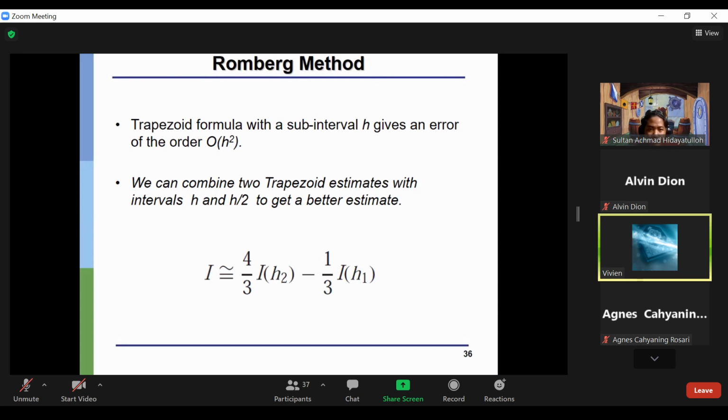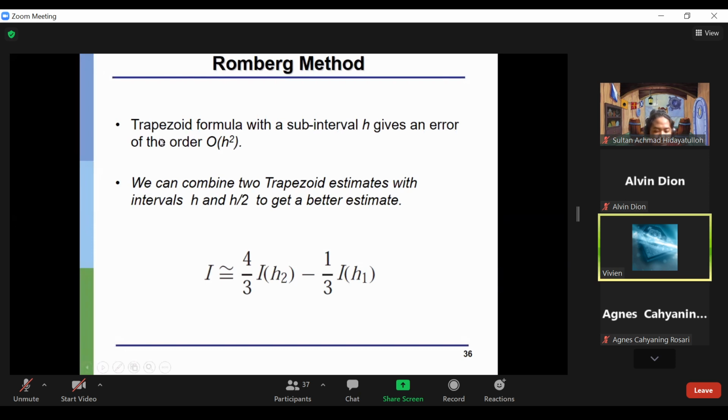So we have seen before that the trapezoidal rule is very simple, but the level of accuracy is quite low because it's only using a linear line or a trapezium shape. So we want to increase the accuracy of the trapezoidal rule.